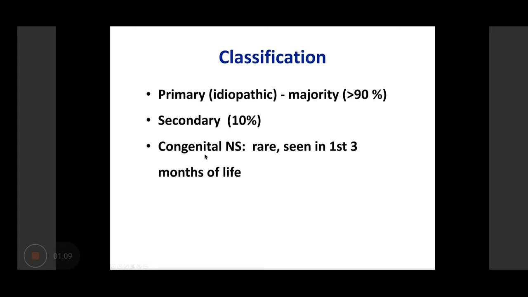In very rare cases, the patients can present as congenital nephrotic syndrome, when the presentation is usually in the first 3 months of life and the cause is congenital.